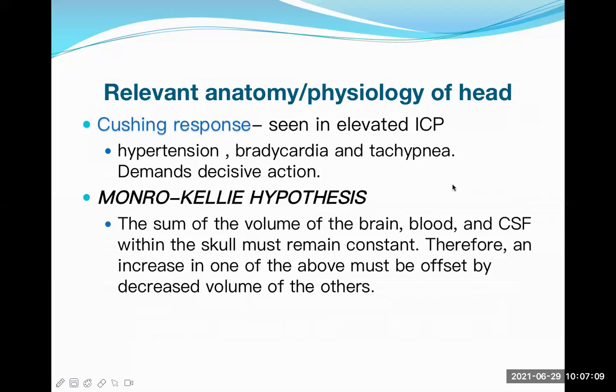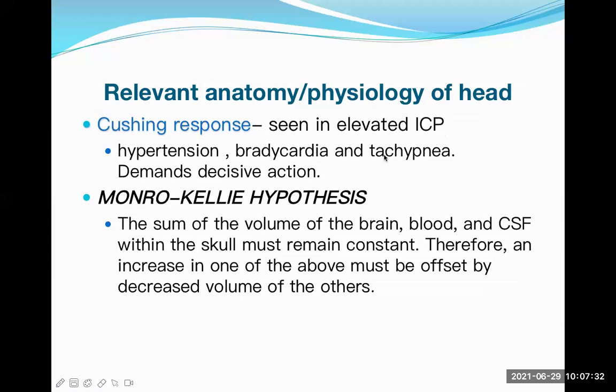Now, another important point here is Cushing's response, or Cushing's reflex, or Cushing's triad. Many students know this already. Cushing's response is seen in elevated ICP, and it is a combination of three things together: hypertension, bradycardia, and tachypnea.